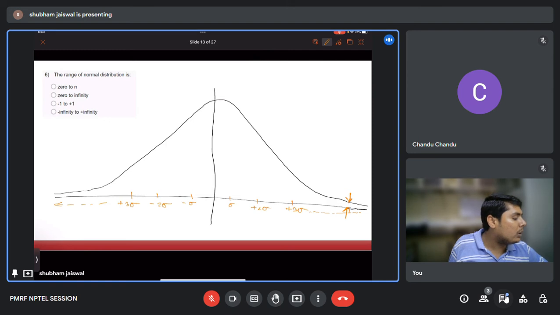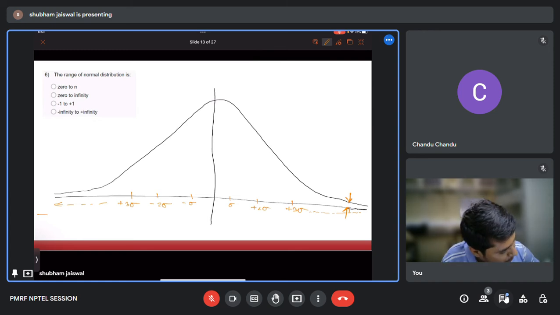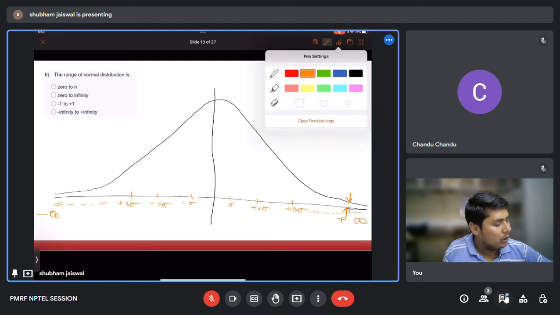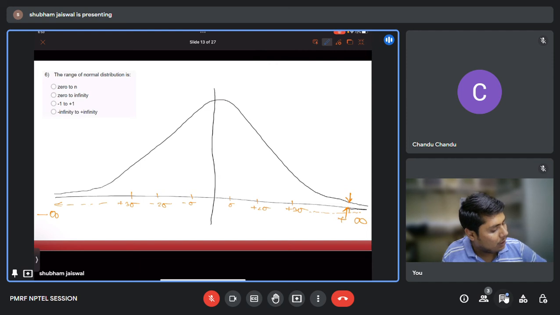When this line and this curve tend to 0, our range tends to minus infinity to plus infinity. So we just consider up to plus 3 sigma to minus 3 sigma. It does not mean the normal distribution has a range from minus 3 sigma to plus 3 sigma. It has the range from minus infinity to plus infinity.